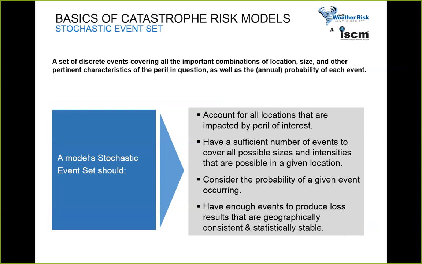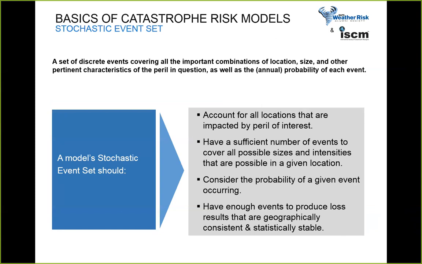First one is they have to account for all locations that are impacted by the peril of interest. And my shorthand for this is, if you're building a tropical cyclone model, you definitely want it to include the state of Florida, but you don't need it to cover the state of North Dakota. So figure out your domain that you need to cover by all the events in your event set.